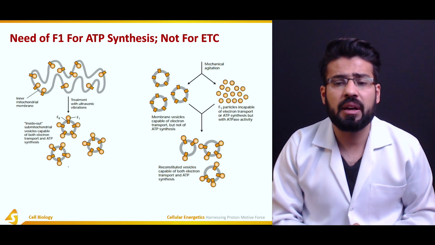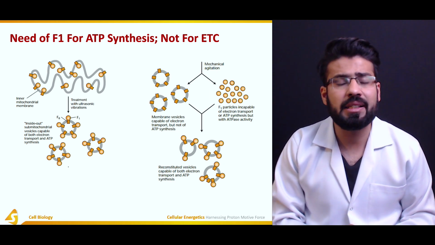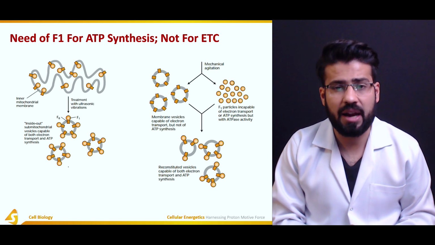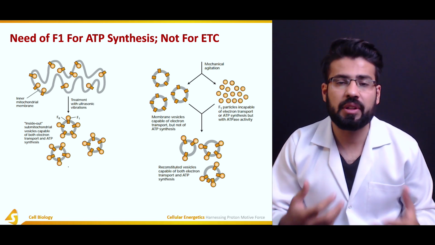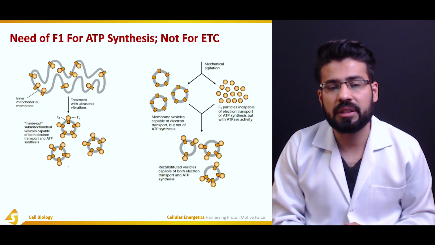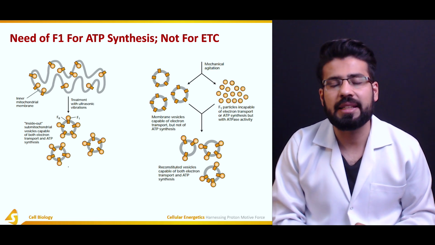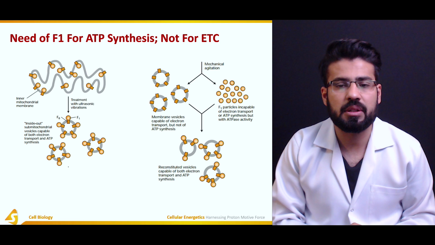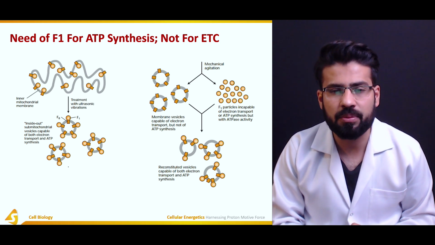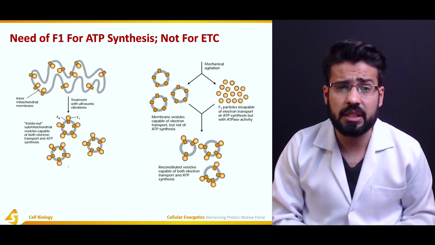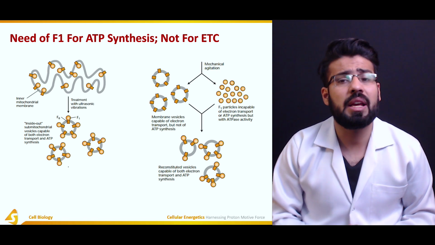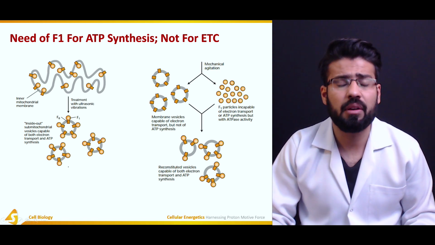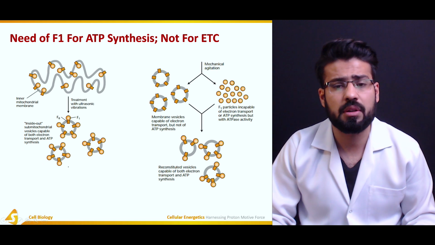It is seen that the reconstituted vesicles are in fact capable of both running down the electron transport chain and the ATP synthesis as well. So it means that the F1 is specific for the ATP synthesis, but is not specific for the electron transport chain reaction for the transport of the electrons.